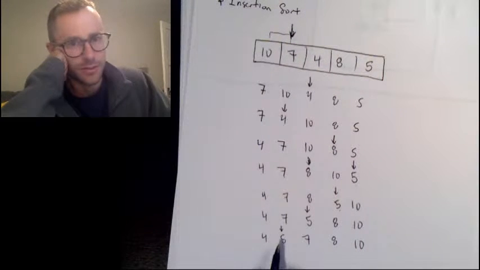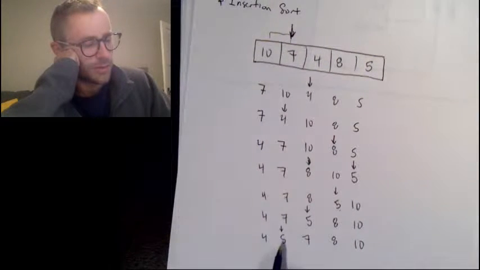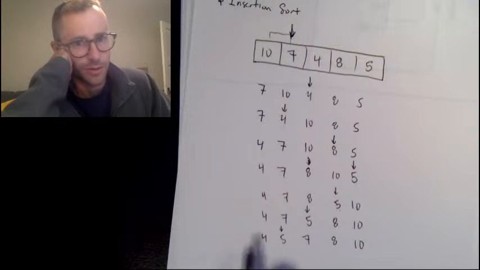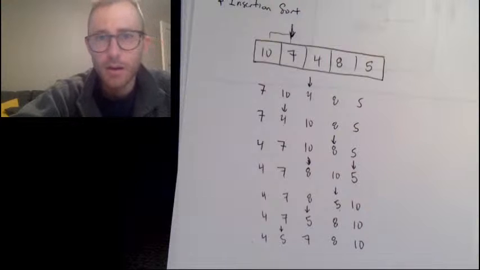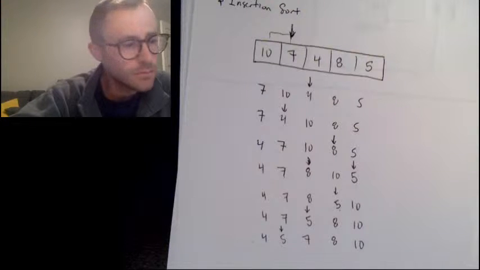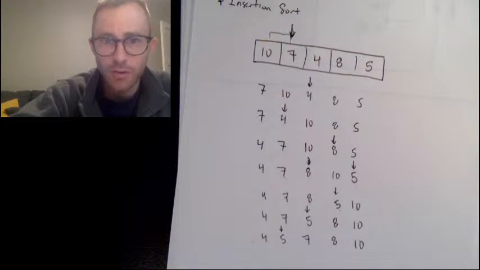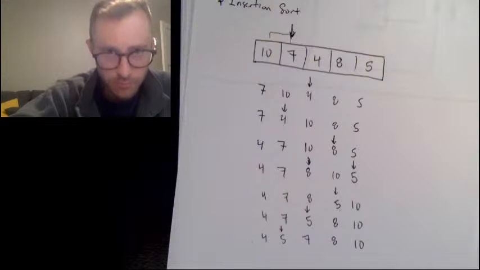And 5 is not less than 4, so I leave it. And now I'm sorted. And so this algorithm is called insertion sort.